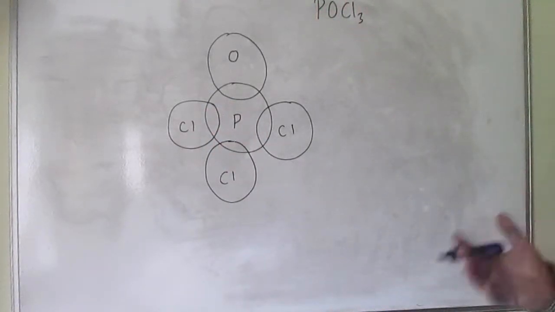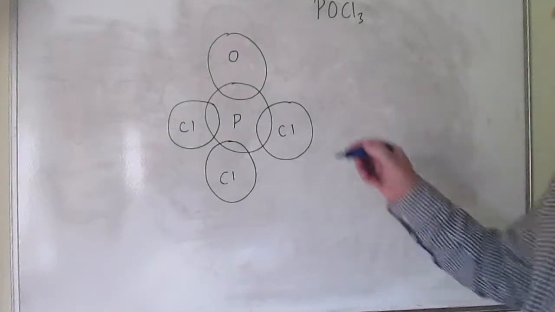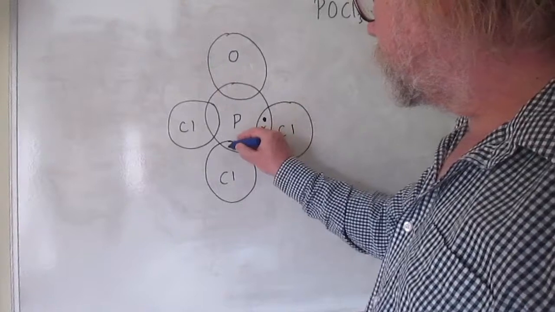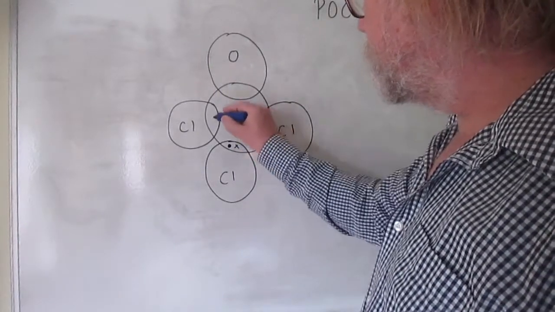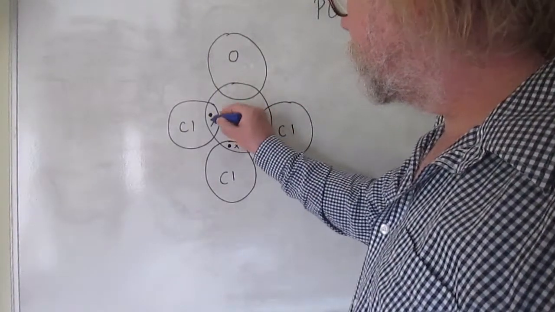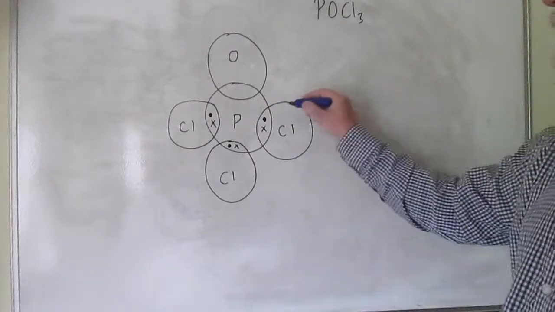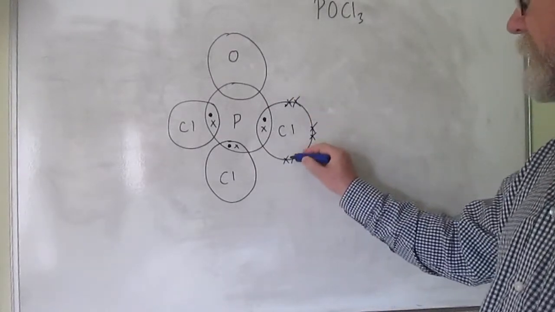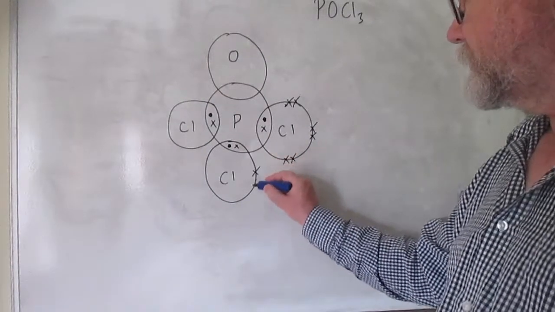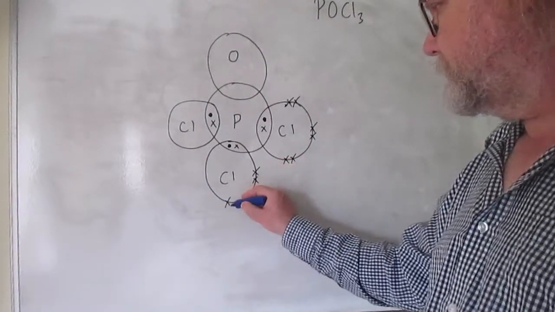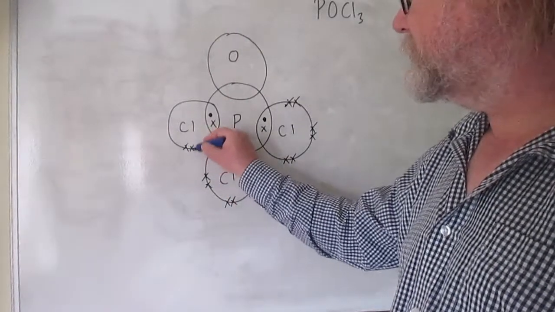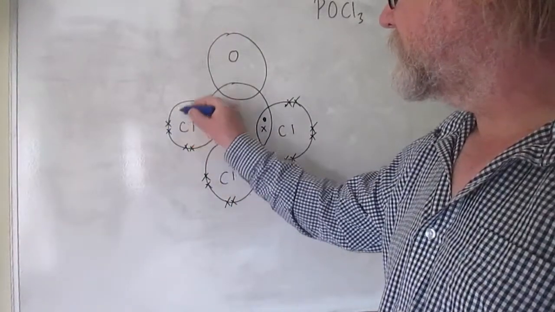Chlorine needs 1 electron to reach its 8 in the outer shell, so that suggests that we just get 3 normal covalent bonds like that, with a dot and a cross each, and that would leave each of the chlorines with 3 lone pairs. Don't forget to put the lone pairs on. It's very annoying to make all the effort of figuring out the bonding and then lose the mark because you just missed the lone pairs off.